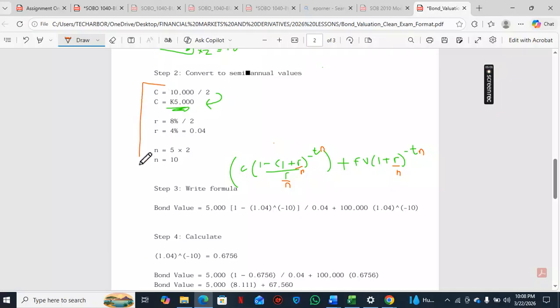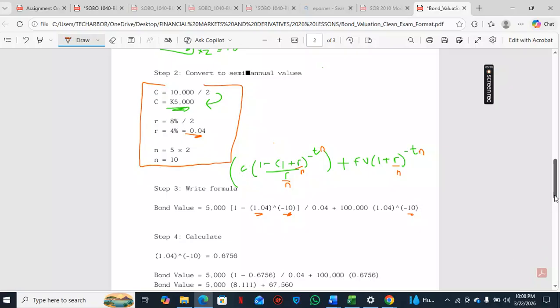Now, since we already did these adjustments, it's just a matter of plugging into the equation. 1 plus R will be 1.04 because our discount rate is 4%, which is 0.04. Our time will be 10, that's why we're raising it to the power negative 10. Similar here, to the power negative 10.